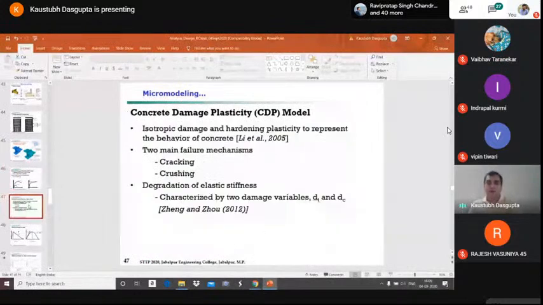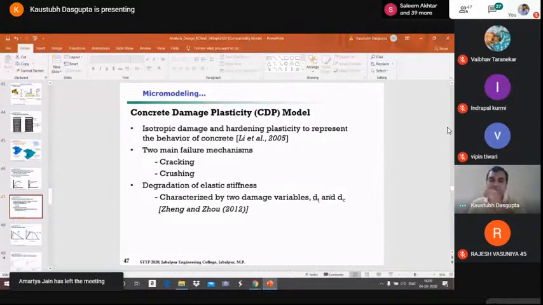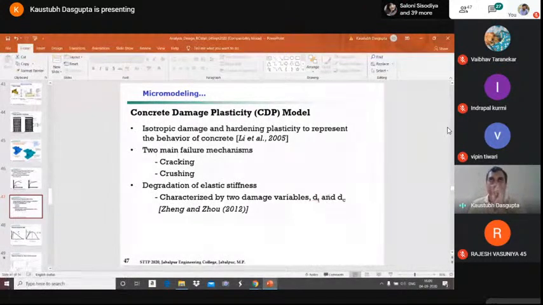So basically, when we are looking at these two damage parameters, DT and DC, as I mentioned, these parameters are not specifically fixed or calibrated for, say, column or wall or beam. Depending on the dimension, depending on the material properties, our numerical model needs to be validated.